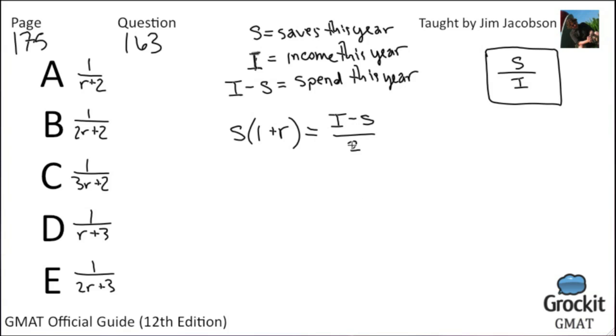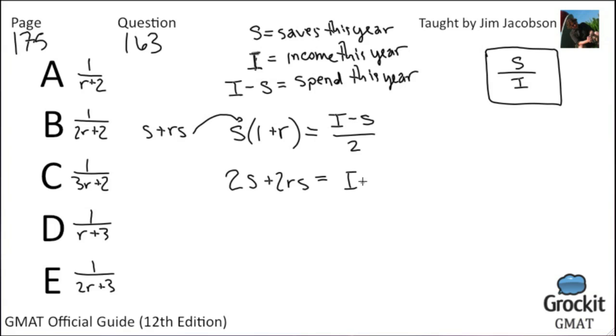So then we start cross-multiplying. First let's get rid of the denominator on the right-hand side. We'll multiply both sides times 2. So we have 2 times S times 1 plus R. That is the same thing as S plus RS, so he'll have 2S plus 2RS over here.